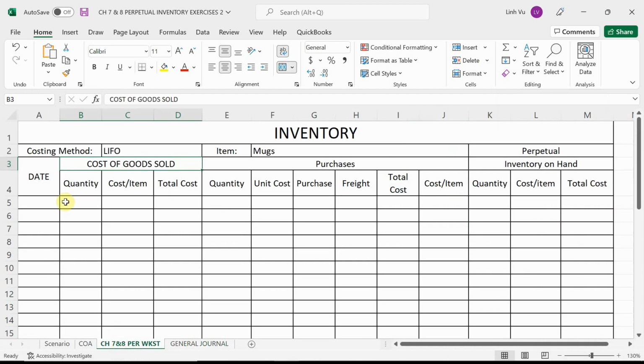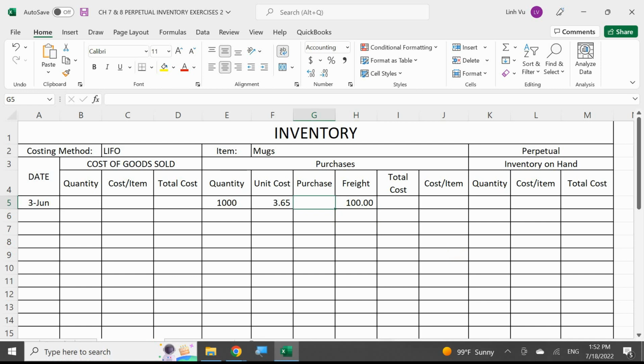Now that we finished the journal, I'm going to plug my answers into my worksheet. Today is June 3rd. We're going to skip the cost of goods sold because we didn't sell anything. We purchased 1,000 units at $3.65 each with a freight of $100. So what is my purchase price? $3,650.